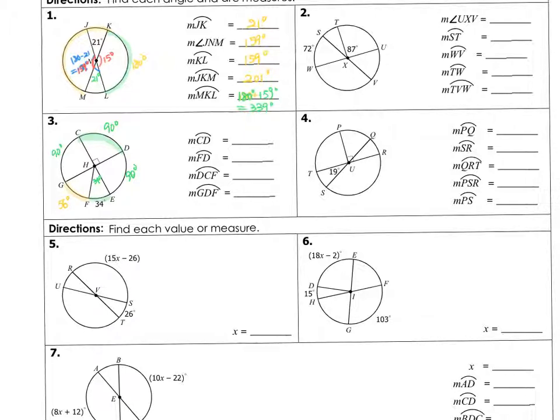And now I can fill in the blanks here. CD is obviously 90 degrees, and FD is 90 plus 34, so 124. Arc measure of DCF. DC is 90 degrees. I have to go DCG, that's 180 plus 56.